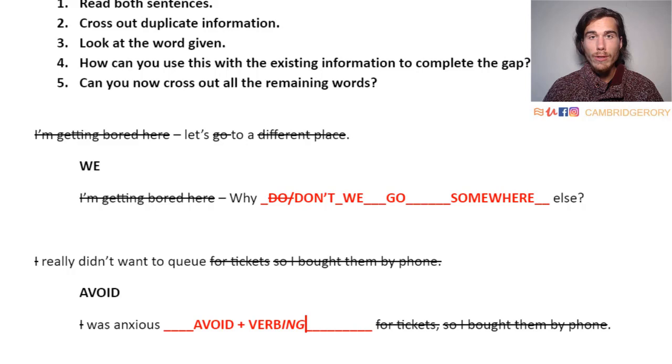And this is why when you do keyword transformations in the exam, you need to have had plenty of practice beforehand, and you need to have studied phrases, collocations, expressions before the exam. Because this is an example of a collocation which you will only know if you have studied these beforehand.